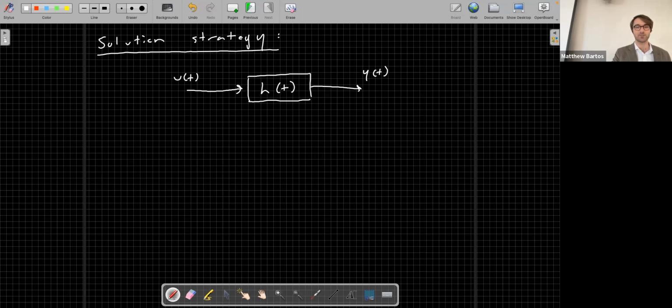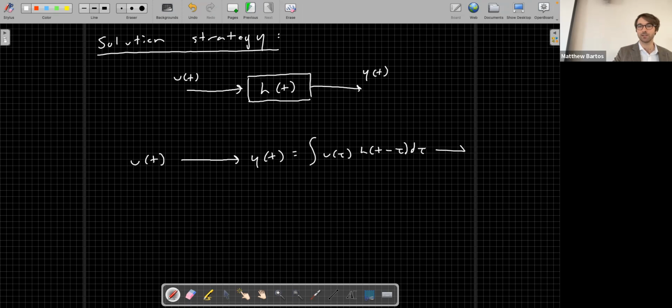Okay, so just pictorially, we start with some input u of t. Okay, our y of t is equal to the convolution integral of u of tau h of t minus tau d tau. And that will give us our particular solution y of t. This is from 0 to t here.